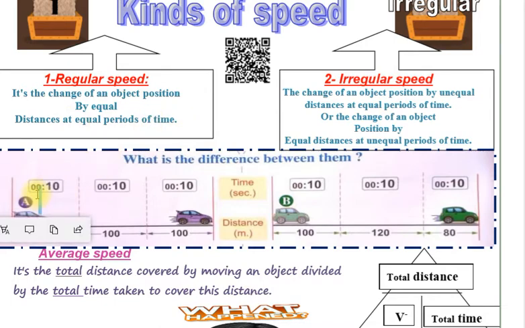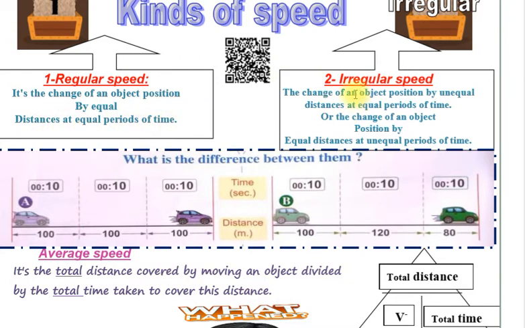The 10 seconds is considered a period of time, for the first distance, and the second 10 seconds for the second distance, and the third for the third distance. So regular speed is when the object changes its location by equal distances at equal periods of time.